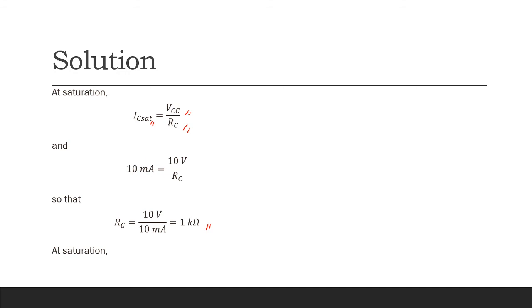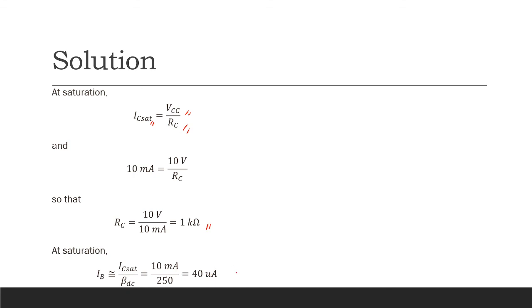Now, next is IB, to solve for RB naman. Now, at saturation, let's try to solve muna for IB. We have IC SAT over beta, is equal to 10 milliamperes over 250. Again, yung HFE, that's also your beta. IB is equal to 40 microamperes. So, ano ibig sabihin nito, class?